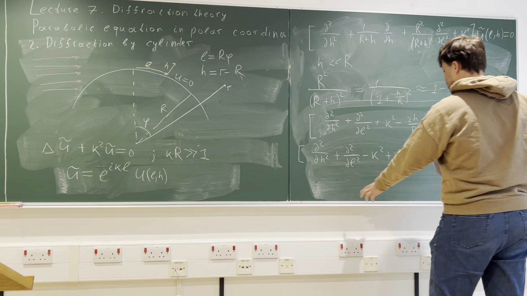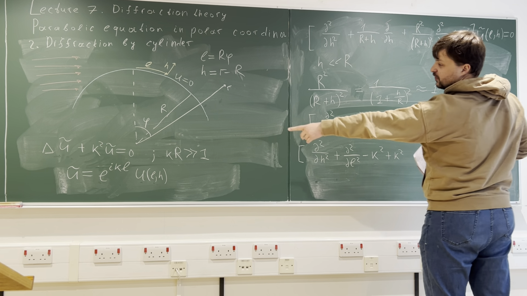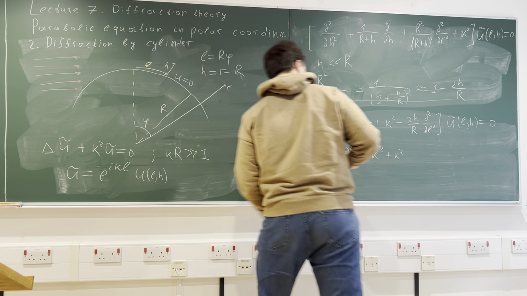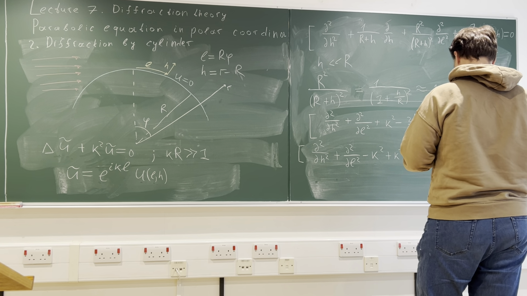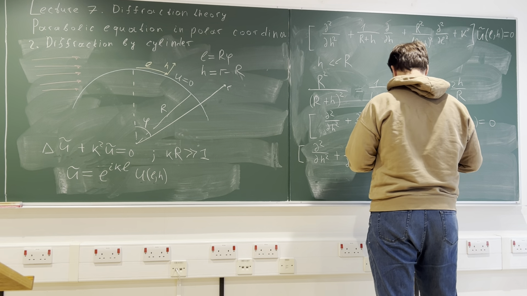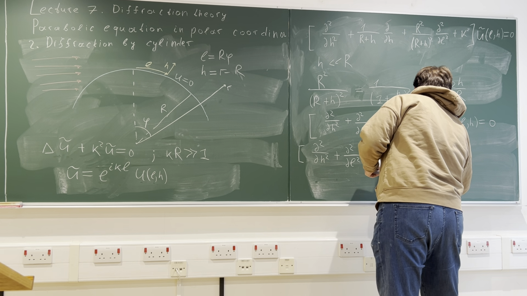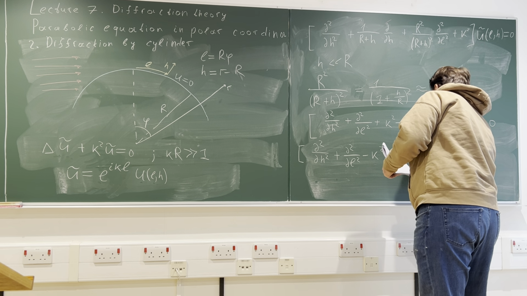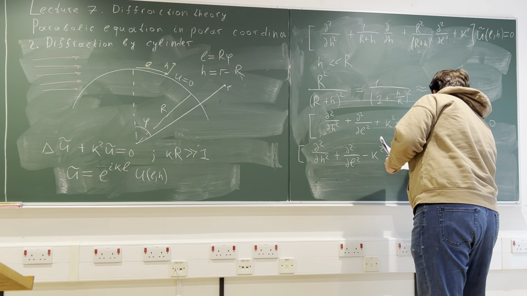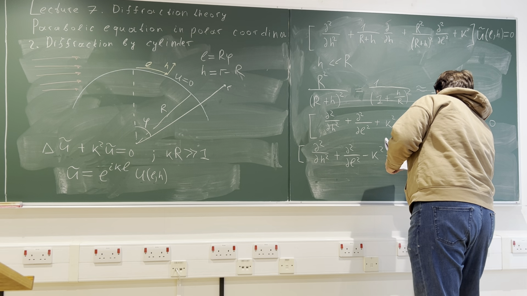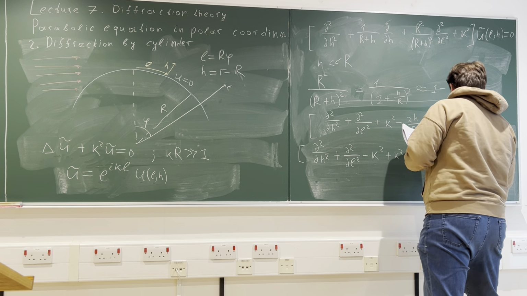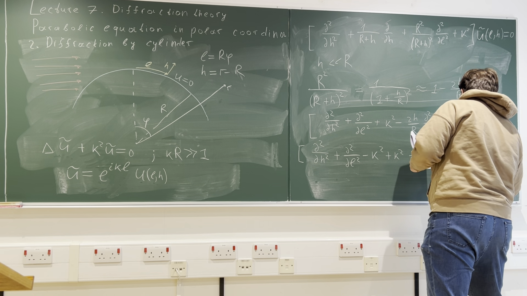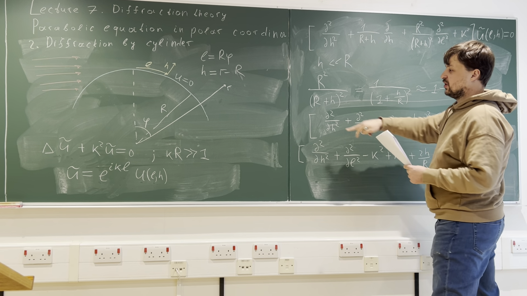So, this bit comes from differentiation of this bit. What else do we have? We have something from differentiation of this bit, also k-squared term. And then some cross terms, because here we differentiate twice.